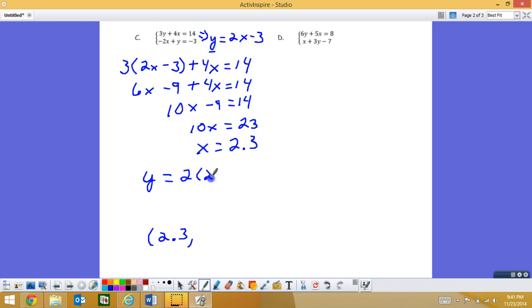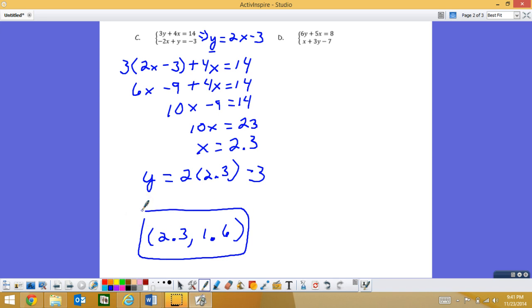So 2 times 2.3 minus 3. 2 times 2.3 is 4.6, minus 3 is 1.6. And that is the solution to the system.